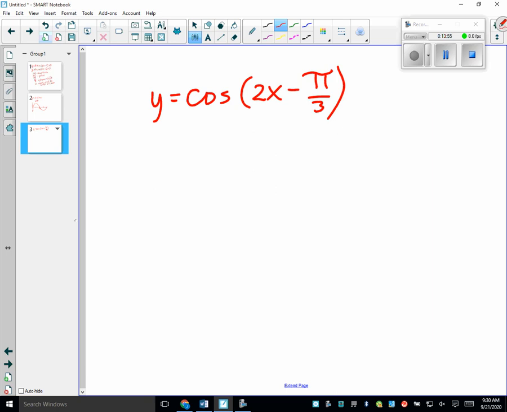What's my amplitude? 1. Don't put that in your calculator yet. It won't work. We've got to figure out what we need. The amplitude is 1. What's the period?